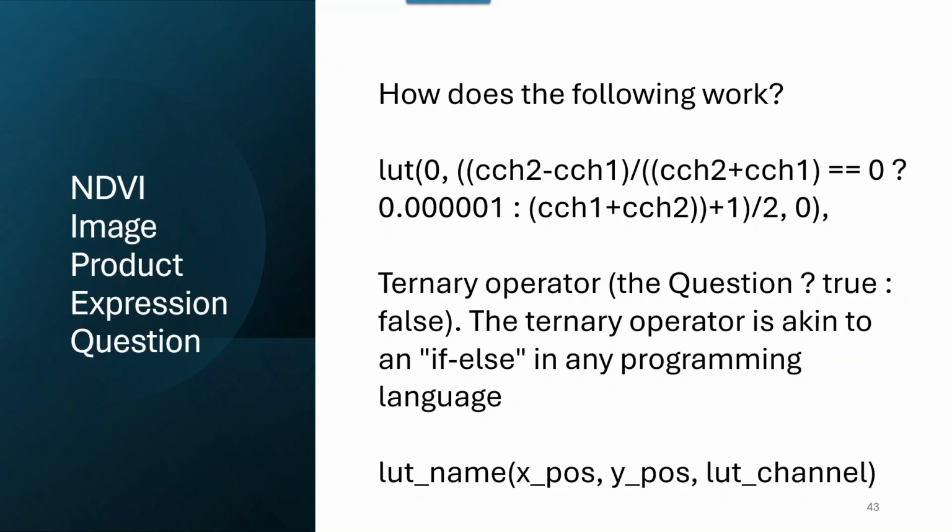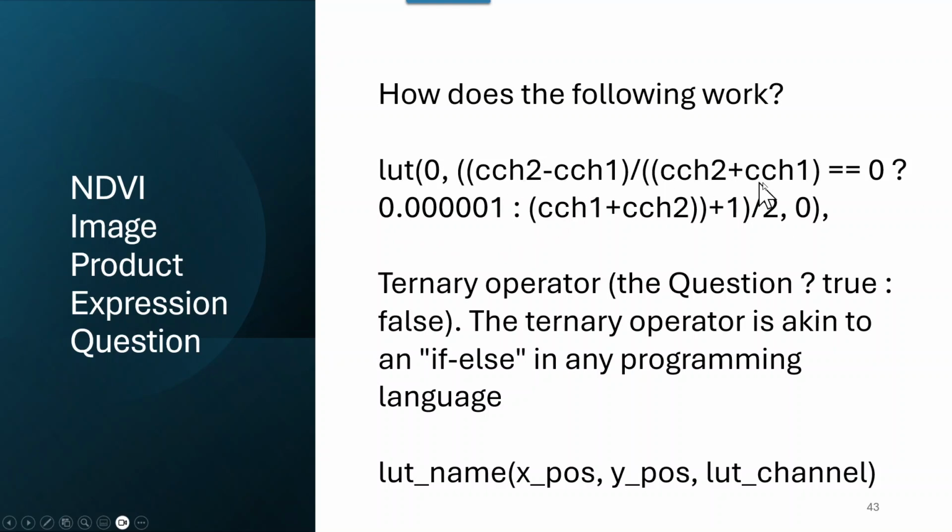And this ternary operator is akin to an if-else statement in any other programming language. So this statement before the question mark is evaluated. And if it is true, then it uses or does whatever's the first thing after the question mark and before the colon.